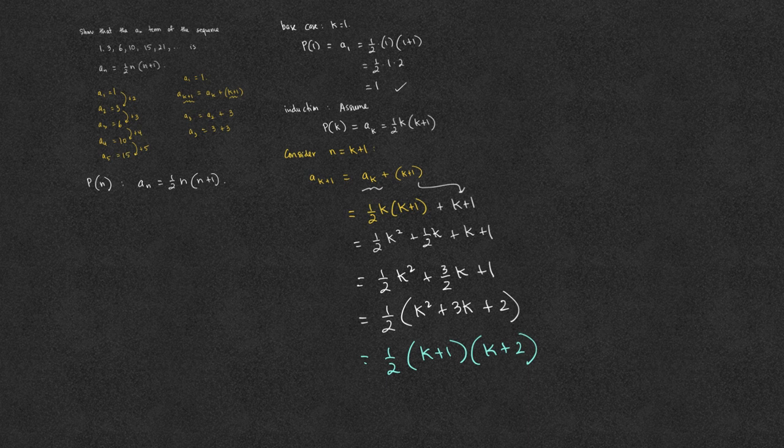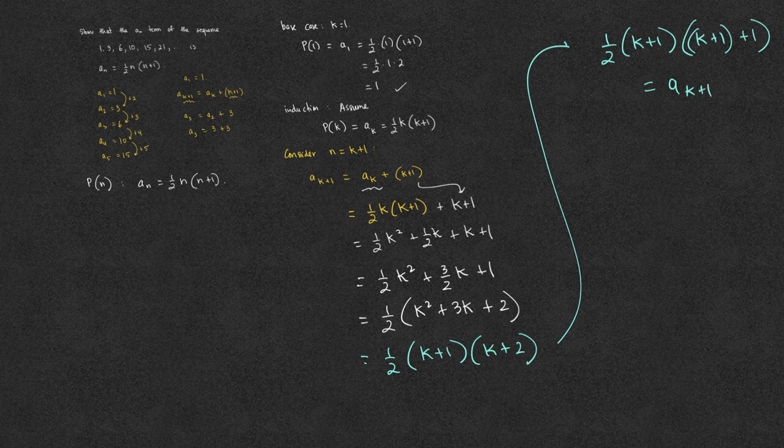But to show that the statement is true for k plus 1, which is the input or the subscript times the subscript plus 1 and then divided by 2, we rewrite this as 1/2 times k plus 1 times k plus 1 plus 1. This is the term a sub k plus 1.